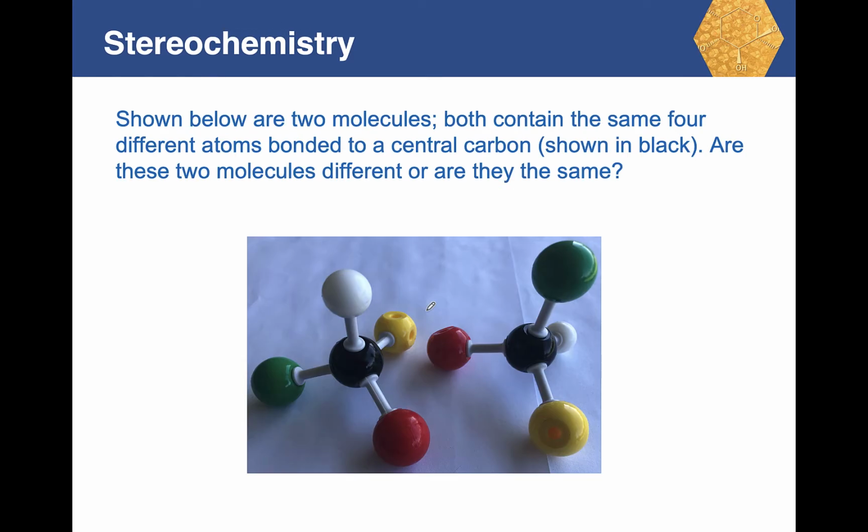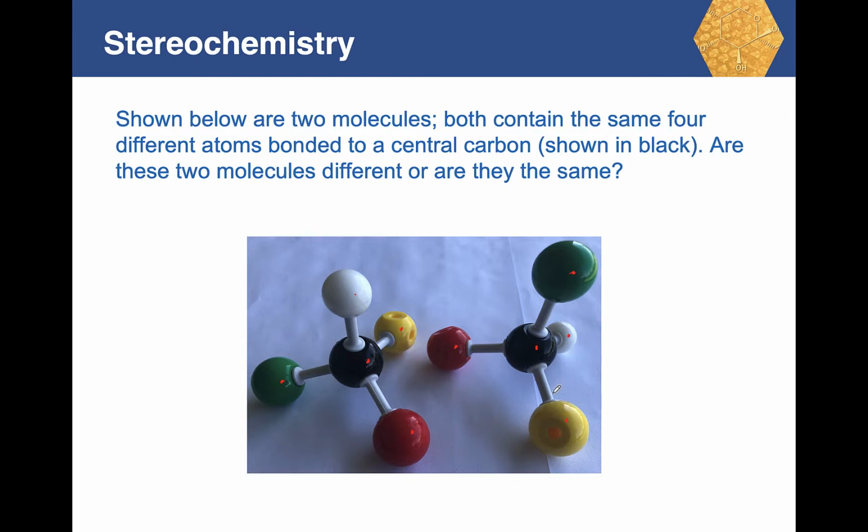Let us do another analysis here. This time we have the carbon with the same white, green, red, and yellow, and I've built here another molecule with the same green, red, white, and yellow.